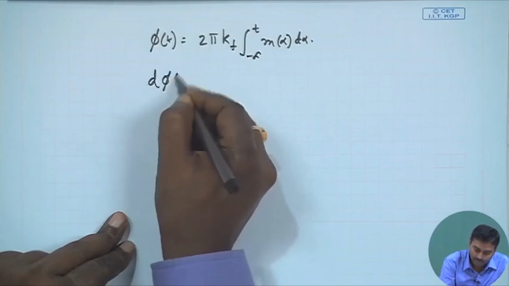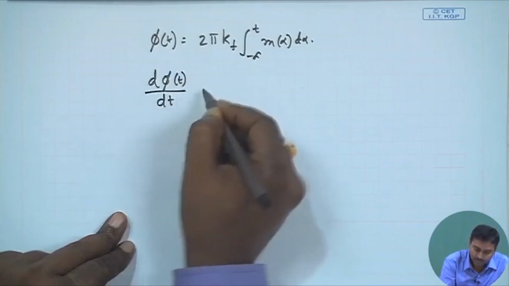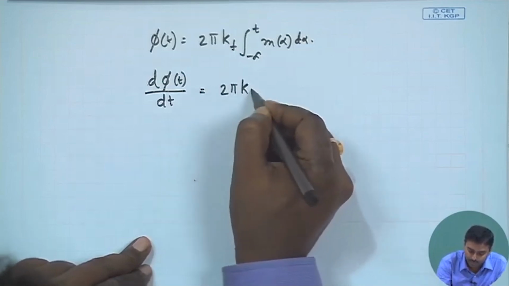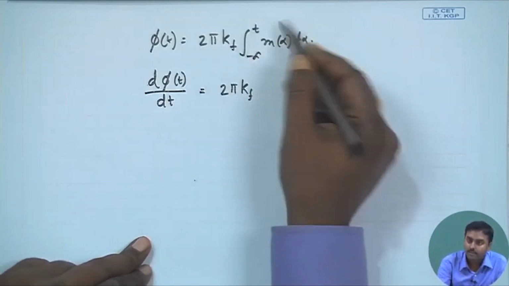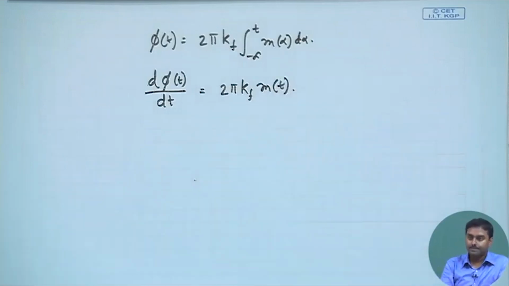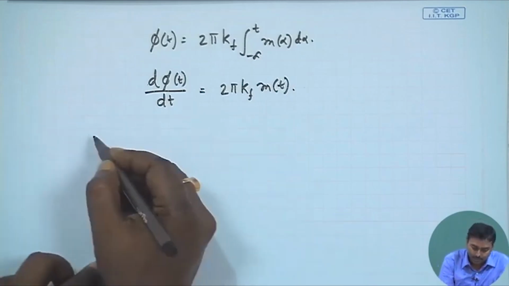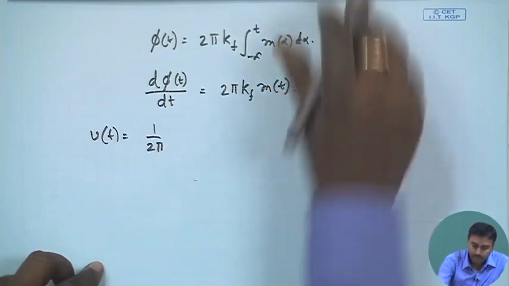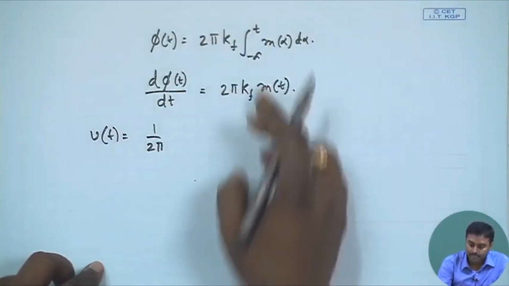So, what is d phi t by dt? Integration and differentiation get cancelled out. So, it should be 2 pi k f and if I differentiate it, that should be m t, right. So, I must expect this. Therefore, Vt, if I write 1 by 2 pi into d phi t dt, is this one.